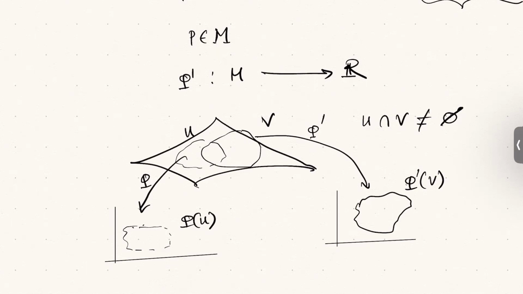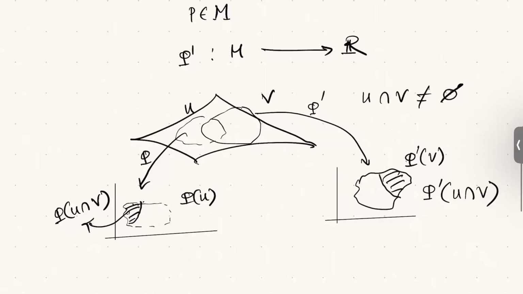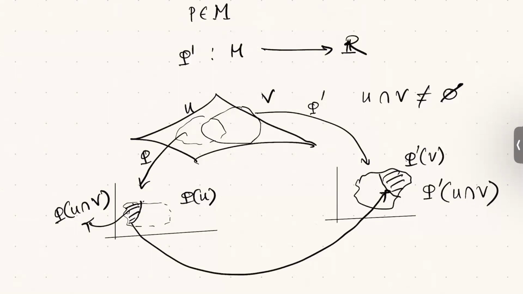Let us consider this part, phi of U intersection V, and this part, phi prime of U intersection V. Now I can define a map from here to here, because for phi there exists a phi inverse, and for phi prime there exists a phi prime inverse.